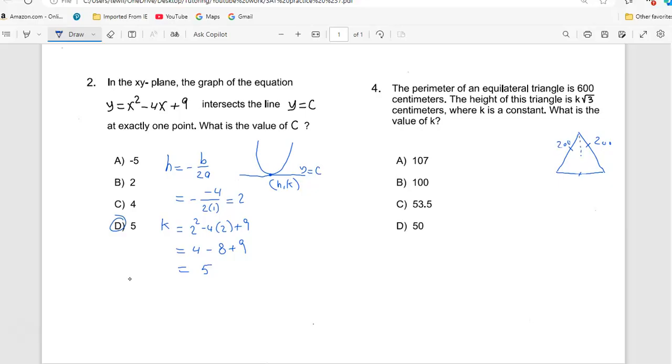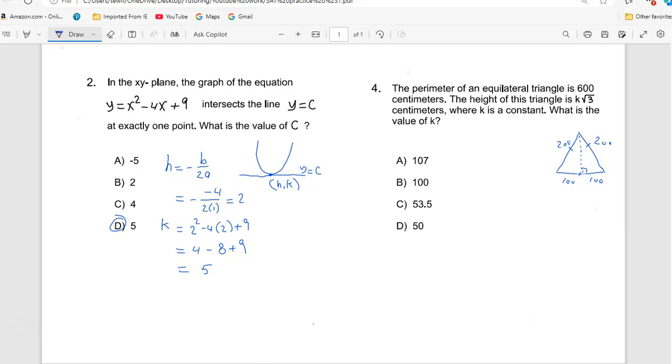And this is the height. The height of an equilateral triangle divides the base, so this is 100 and 100, right? And it is perpendicular to the base. So we're looking for the height.